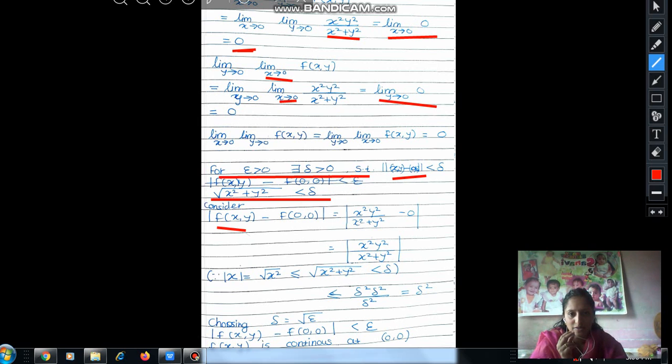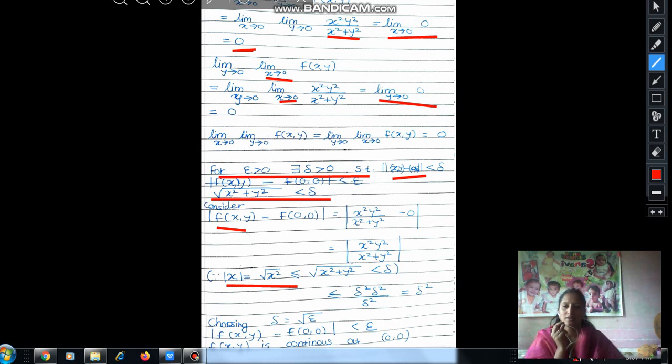And the function f(x, y) is x square y square upon x square plus y square. All of you know that mod x is equal to root of x square. In the previous example, we saw this condition. Mod x is equal to square root of x square, and this term is less than or equal to square root of x square plus y square, which is less than delta.